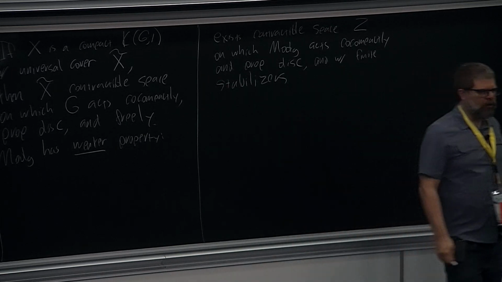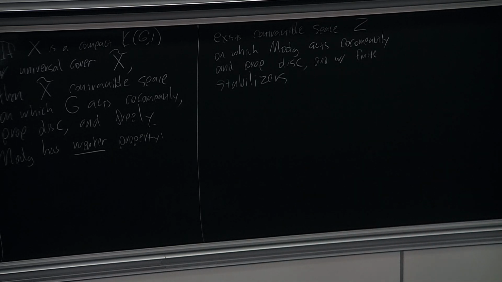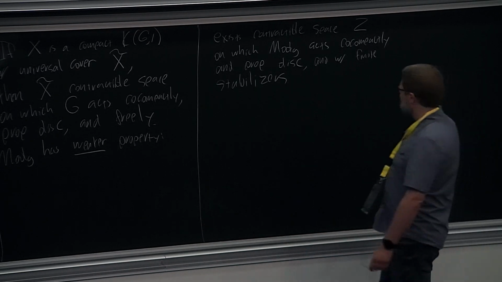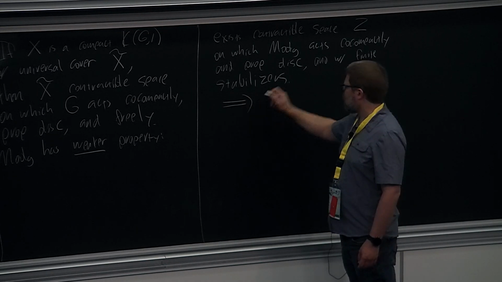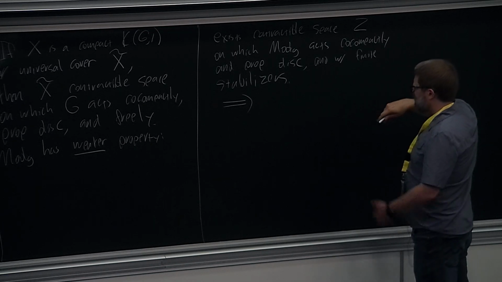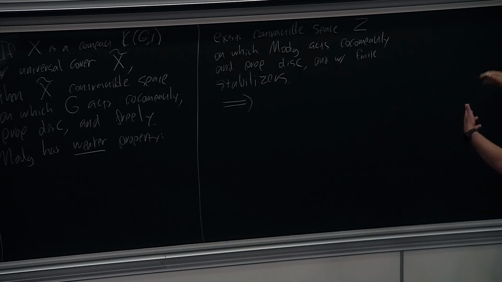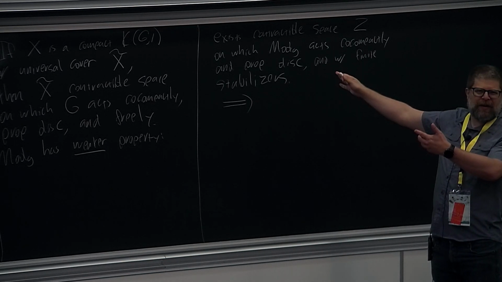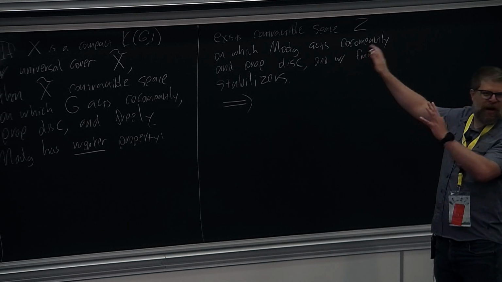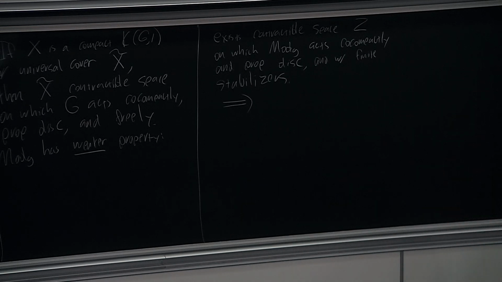I'm going to explain how to do this in a second. What does this mean? This implies many things. In fact, it's a little bit better than this: there's a finite-index subgroup of the mapping class group which actually acts freely, but that's not so important for what I'm going to do. But this implies many things.